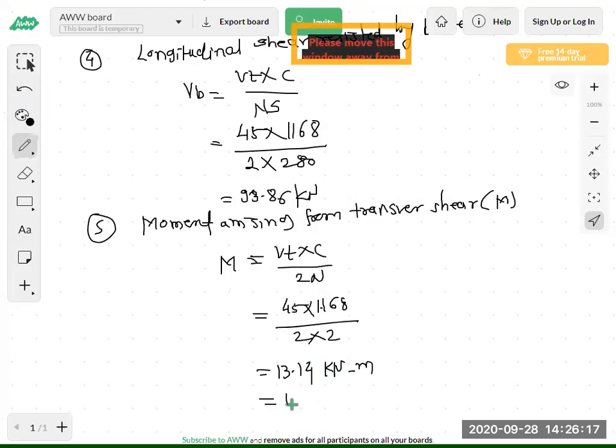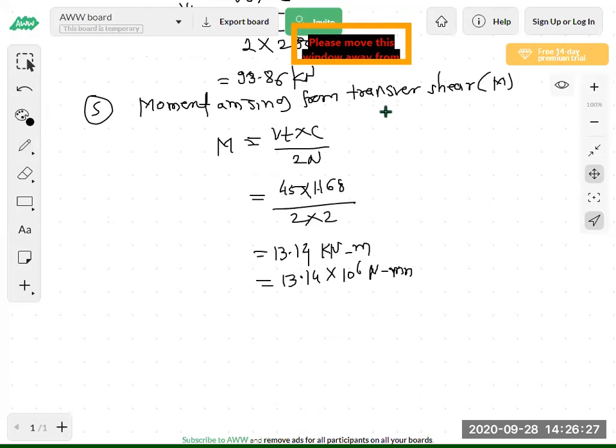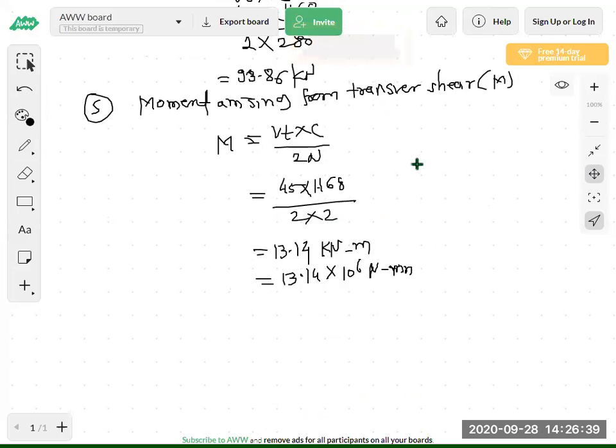If we convert into newton meter, so newton mm, like this into 10 raised to 6. Okay, this is related to movement.